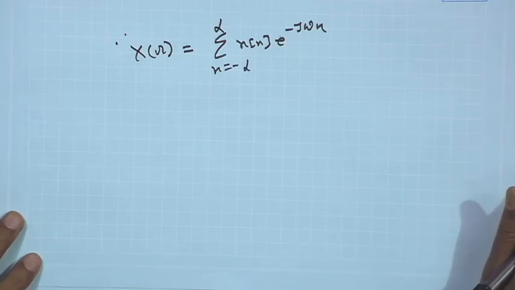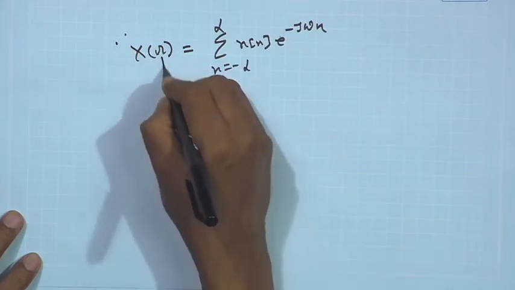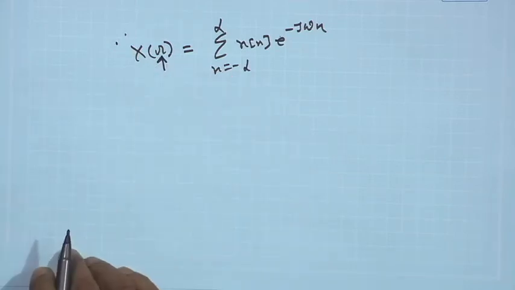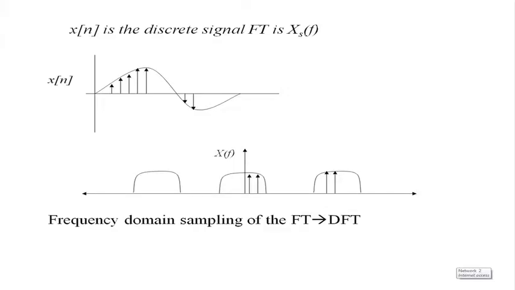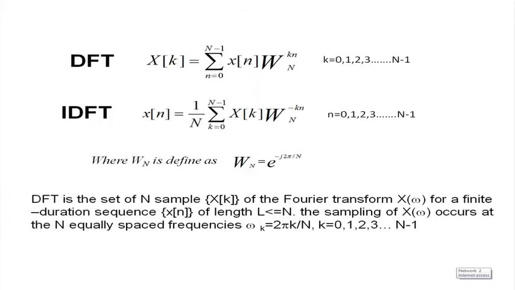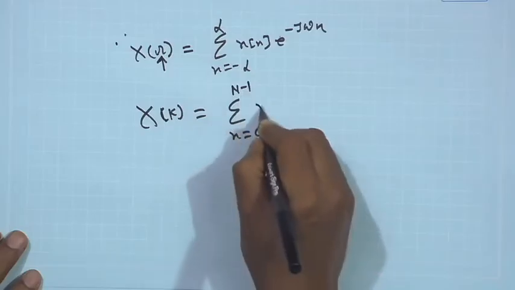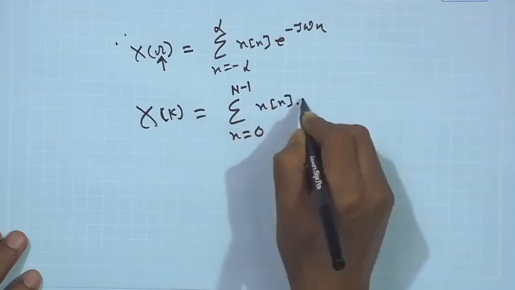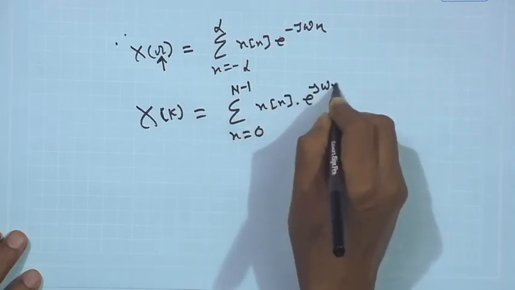Now, I said the frequency domain is also discrete, that is called the DFT. It is not the discrete time Fourier transform, it is the discrete Fourier transform. So, this omega is replaced by k, and n then goes from 0 to N minus 1, x[n] e to the power minus j omega n k.